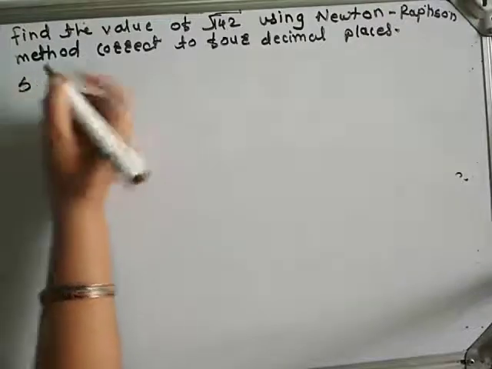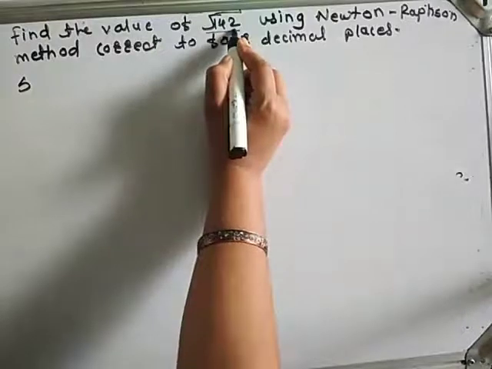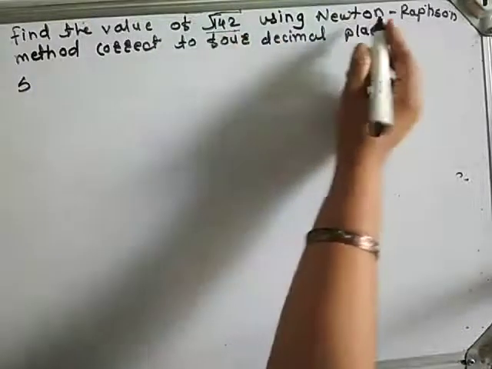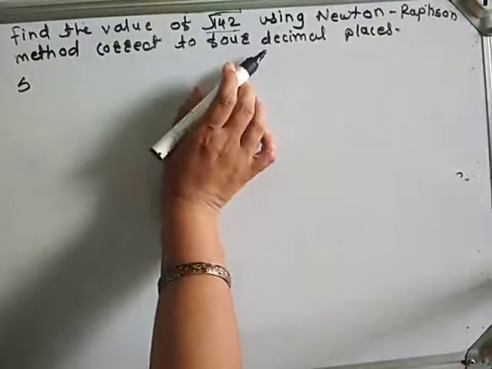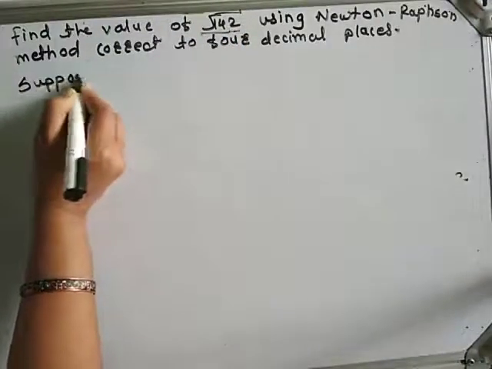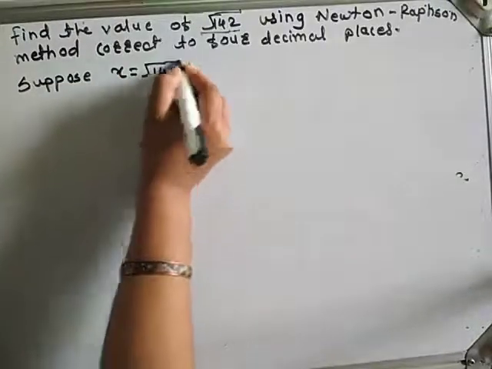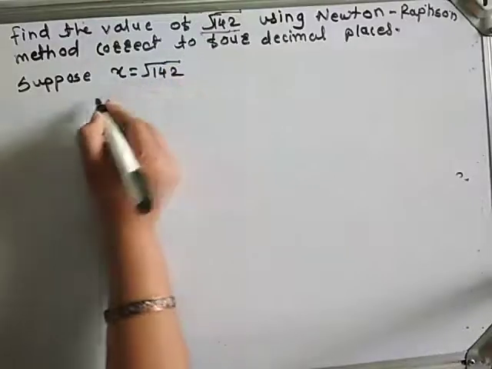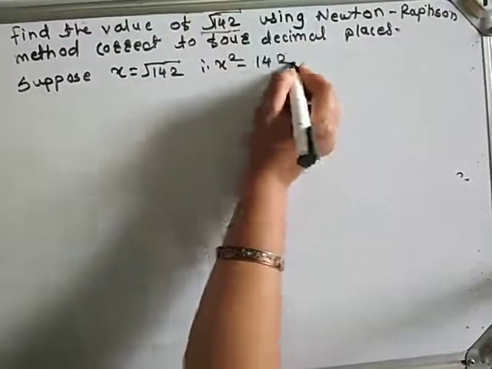Solution. In this problem we have to find the value of root of 142 using the Newton-Raphson method correct to 4 decimal places. Suppose x is equal to root of 142. Therefore x square is equal to 142.